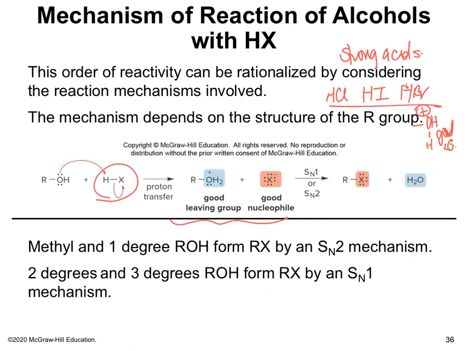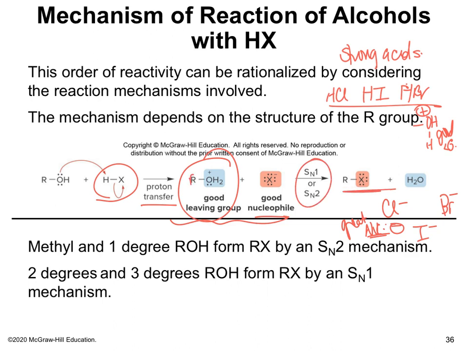That's the first thing that happens. And then with the chloride, the iodide, or the bromide, you've got great nucleophiles. So you do a proton transfer to make a good leaving group, and now you also generate a good nucleophile, so you can do SN1 or SN2, depending on your classification of carbon.